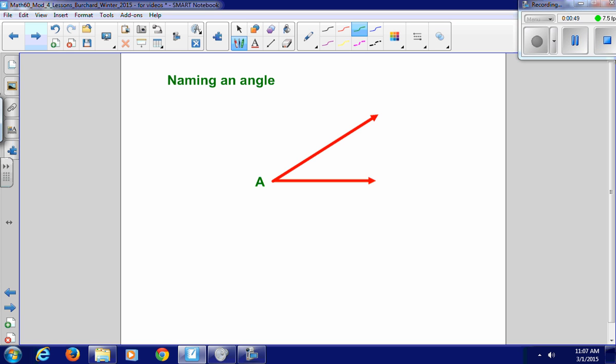We also have some conventions for naming angles so that when we look at an angle, we don't have to point at it. We can use words or letters to tell you which angle we're talking about. What we do is just stick a letter next to the vertex. So this angle would be called angle A, as we put an A next to the vertex.